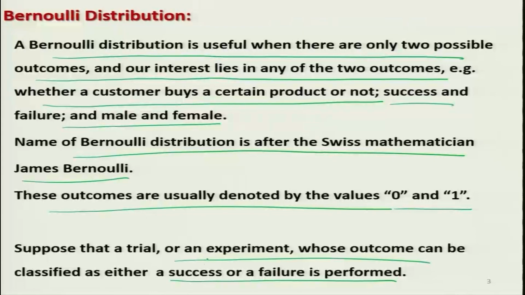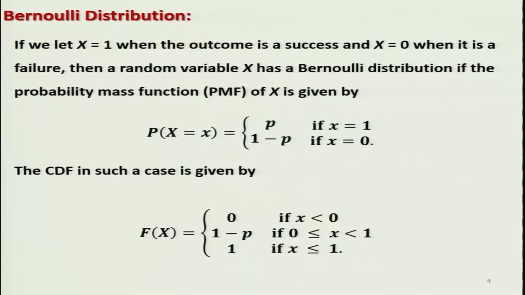Success can be given the value 1, failure can be given the value 0, or even vice versa. So, now there is a random variable x which takes value 1 when the outcome is a success, and the random variable x takes value 0 when the outcome is a failure.